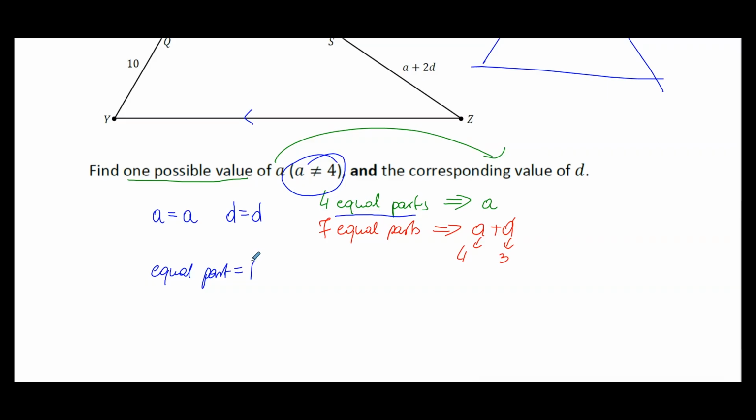So we go for the next number, 2. If a got 4 equal parts and each equal part is 2, that means 2 multiplied by 4, which is 8. Therefore, a is 8. Now, d got 3 equal parts, so 2 multiplied by 3 is 6. So that's the value of d.